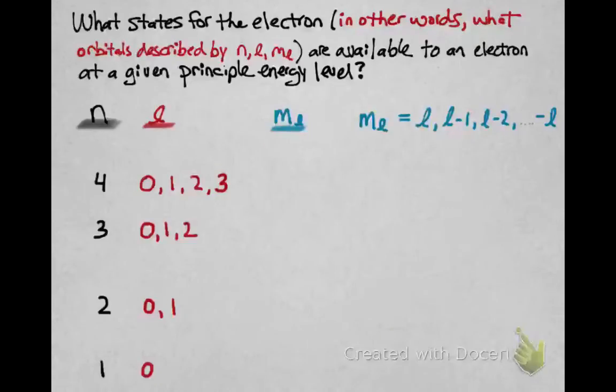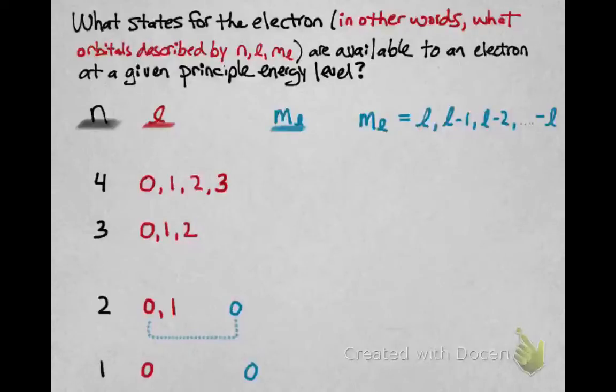So, in other words, for an L value of 0, say at the principal energy level n equals 1, L equals 0, then m sub l ranges from 0 to negative 0, which of course is just 0. So we have only one possible orientation then for that s orbital, and that has an m sub l value of 0.